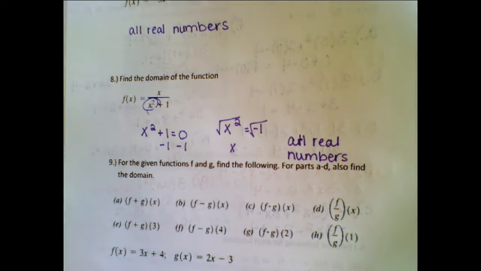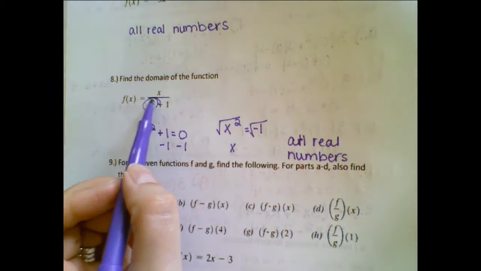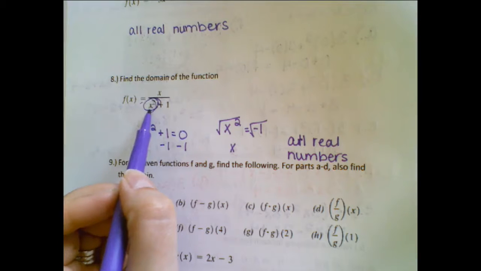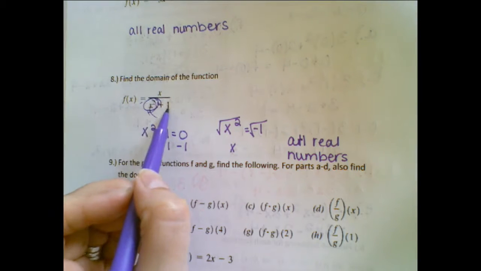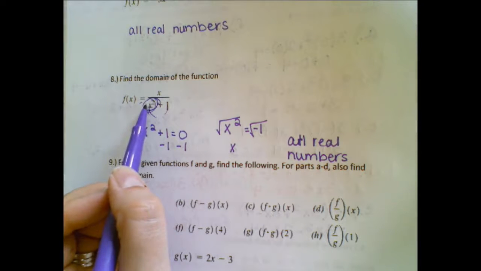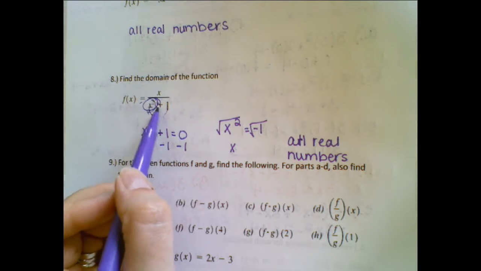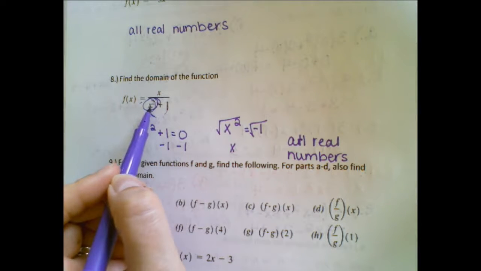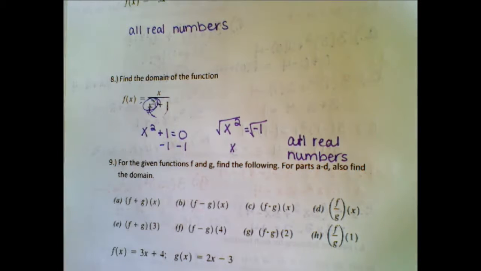And the reason for that is because it doesn't matter if I put a negative or a positive here, this is going to be a positive plus 1. So even if I have a negative here and negative 1 squared is 1, 1 plus 1 is 2. There's no way that this could be a negative and cancel this positive 1 out. And that'd be another way to look at it.